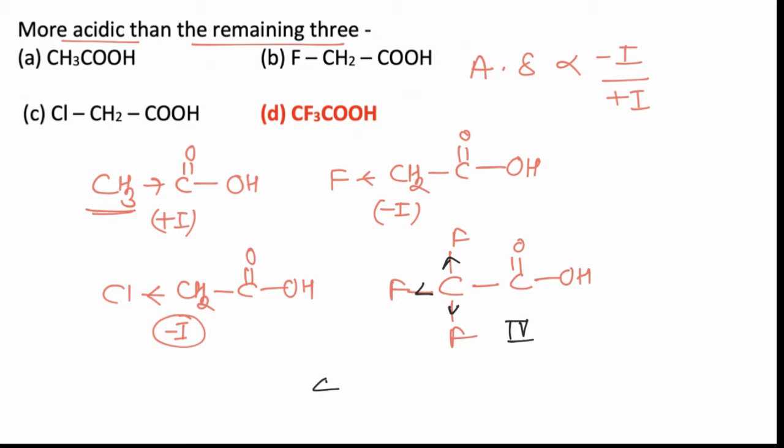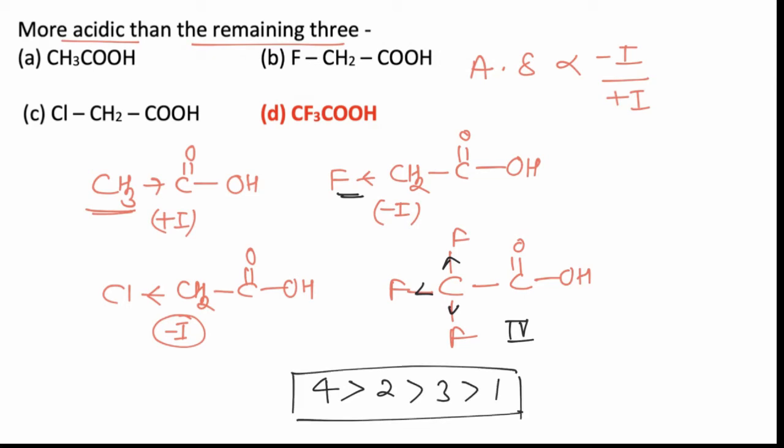So 4 is maximum acidic. Then second, having a powerful minus I group, F is more powerful compared to Cl. So 4, 2, then 3 and 1, and hence the correct answer is D.